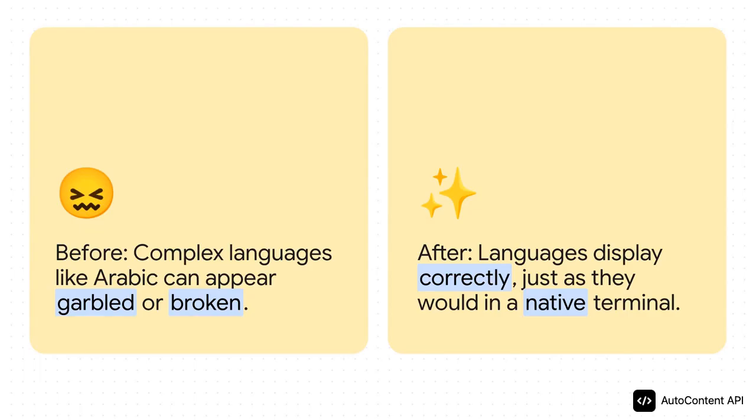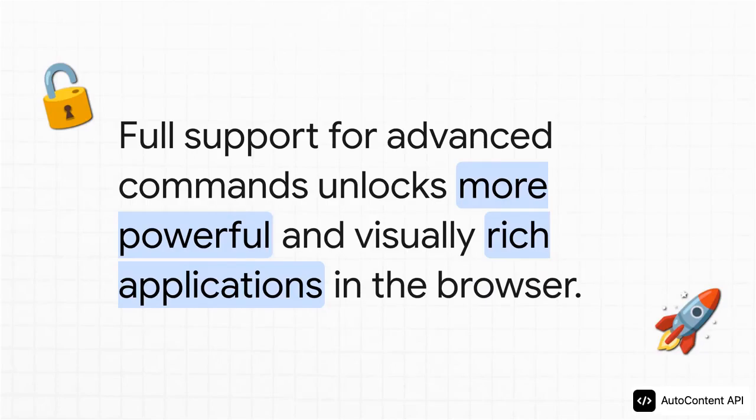For developers and users all over the world, this is a massive step forward for making our tools truly global. And what about those commands that weren't supported? Well, having full support for advanced features means we can finally have richer, more interactive, and visually complex command line apps running perfectly inside a browser IDE. This could seriously unlock a whole new generation of powerful tools.